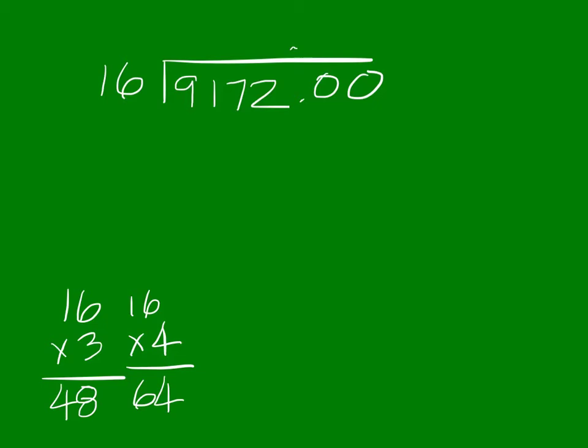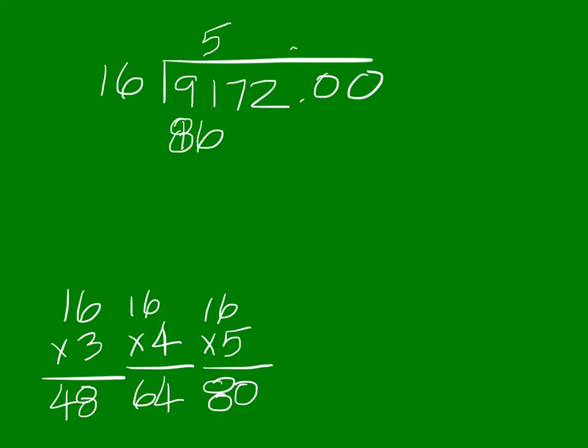Can I get another 16 out of this? What about 16 times 5? What's 16 times 5? 80. Can I get another 16 in there before I go over 91? No, I can't. So it goes in 5 times, and you have to put down 80 instead of 16.